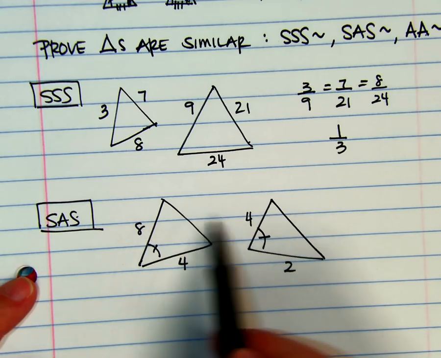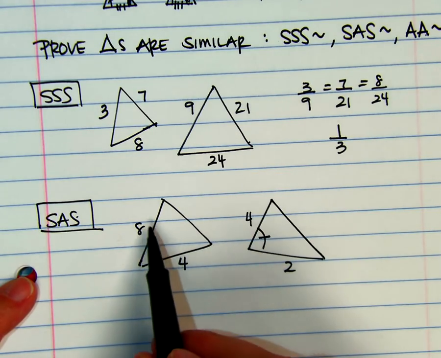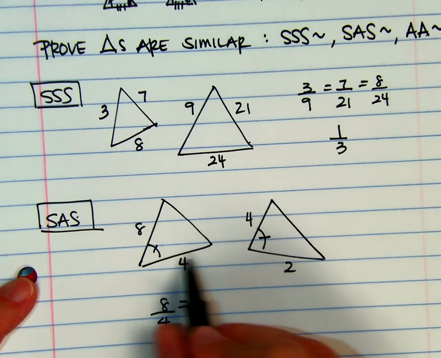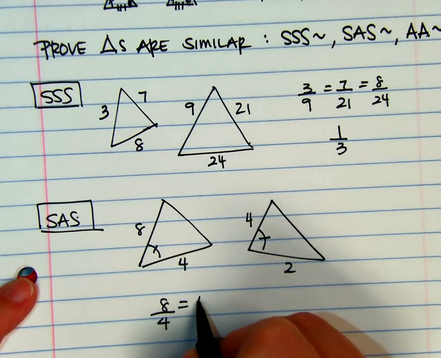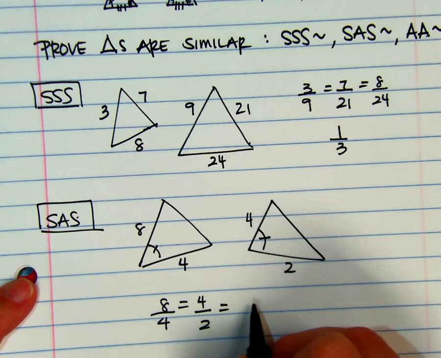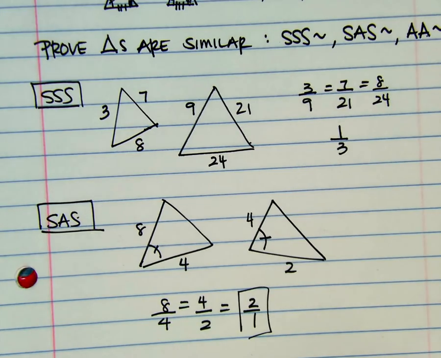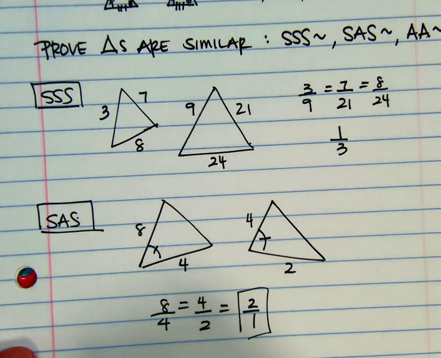I just need to check to see if these sides are proportional. So 8 is to 4 should be equal to 4 is to 2, and it reduces to 2 over 1. The sides are proportional. Therefore, you can prove the triangles similar by side, angle, side.